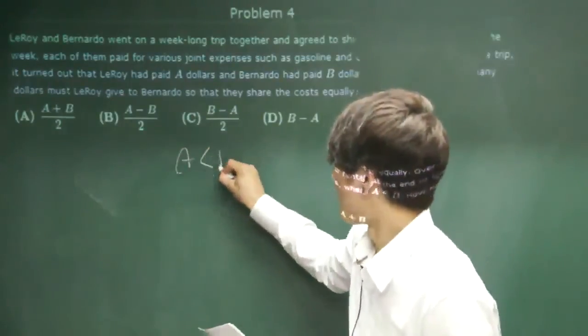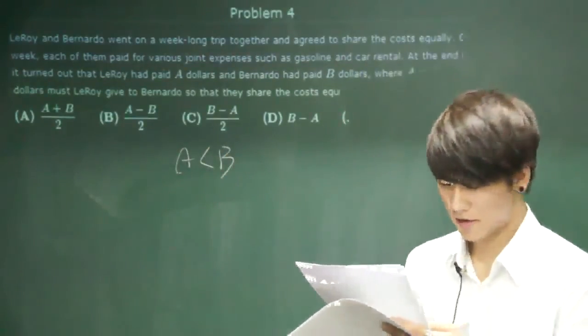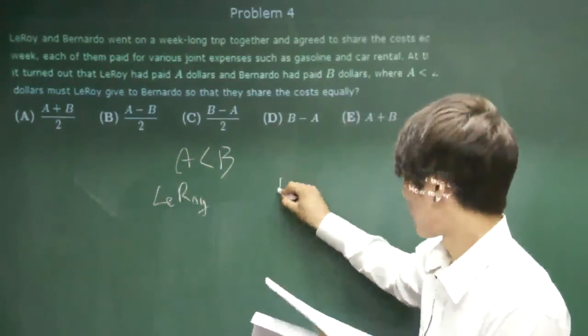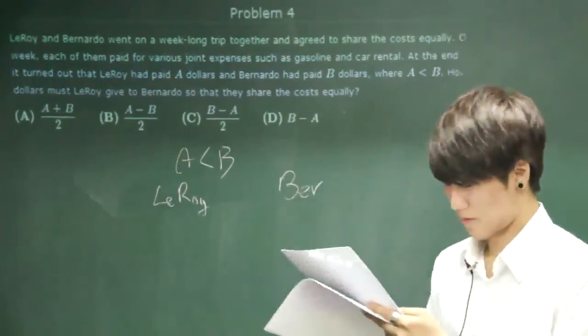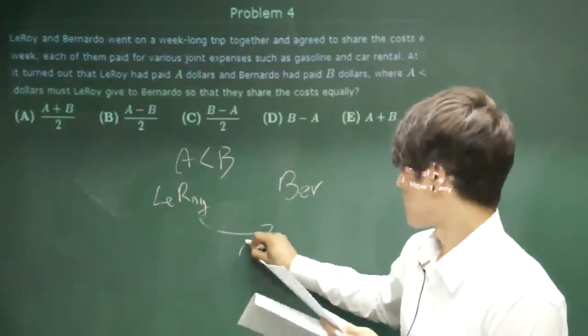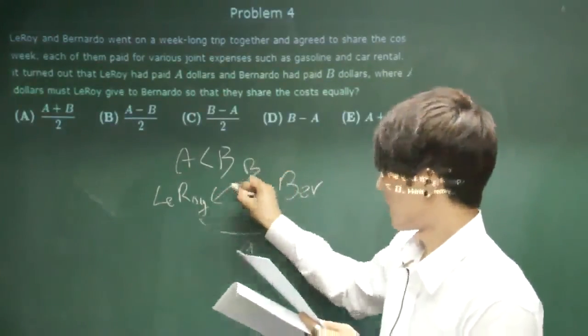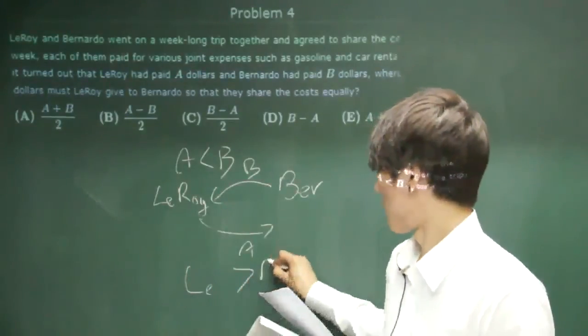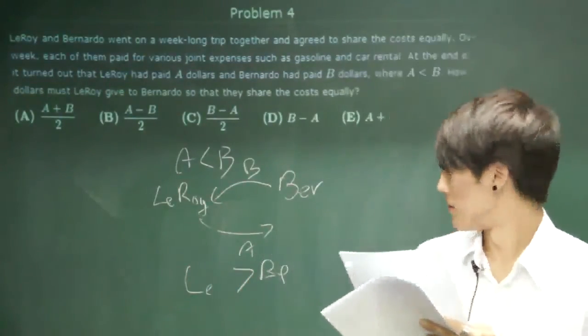So A is less than B as shown in the question. It's given Leroy and Bernardo. Leroy gave A to Bernardo, Bernardo gave B to Leroy. So right now, Leroy has more than Bernardo.